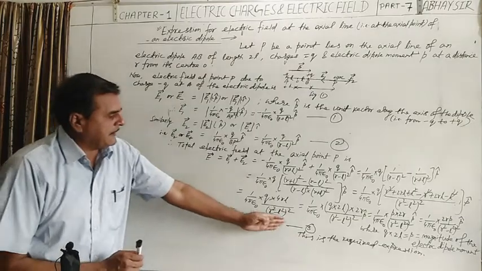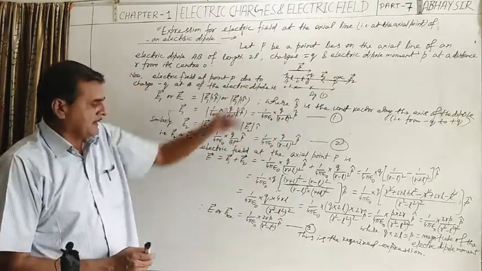Direction of E is along P vector, that is along the axis of the dipole.